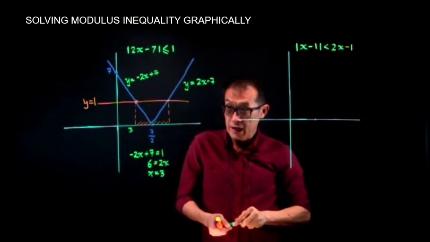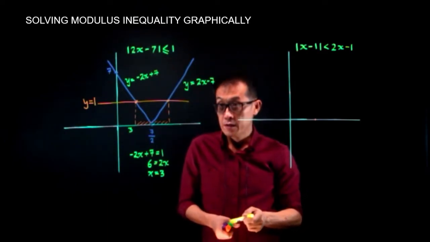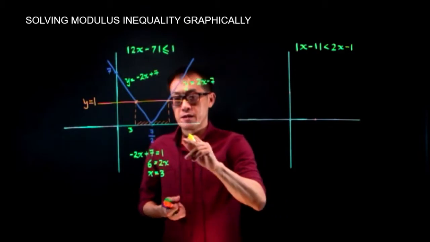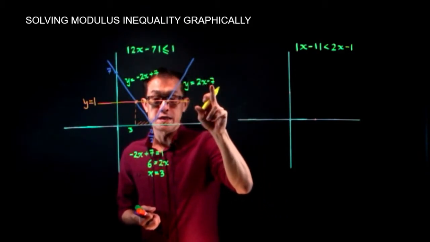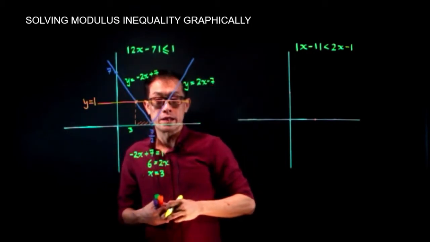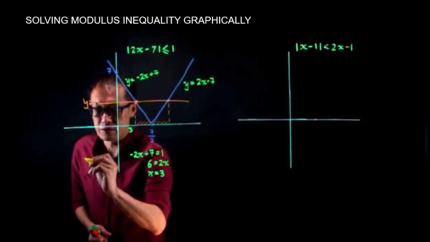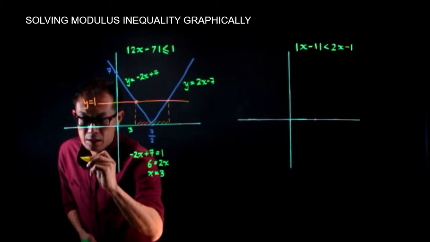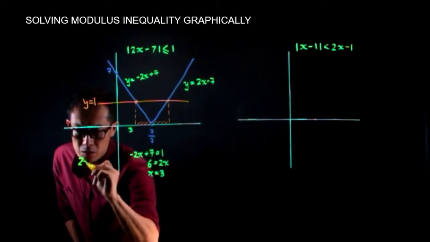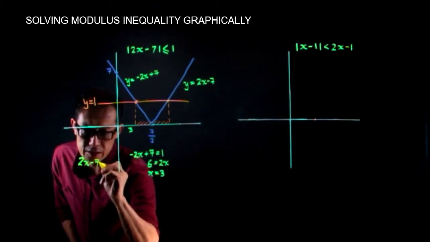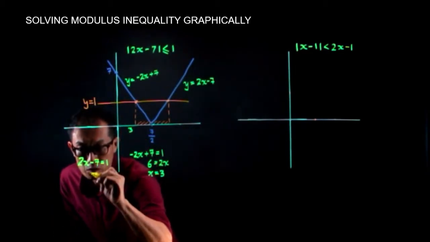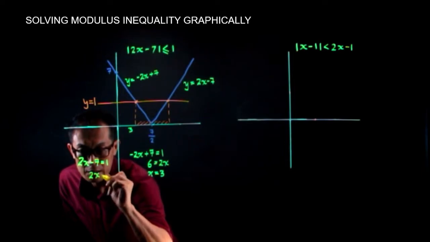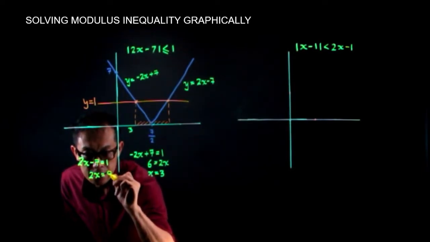Let me use a different color here. Now how to find this point? This point will be 2x minus 7 equals to 1. Let me just write here. 2x minus 7 is equal to 1. So you have 2x is equal to 8.